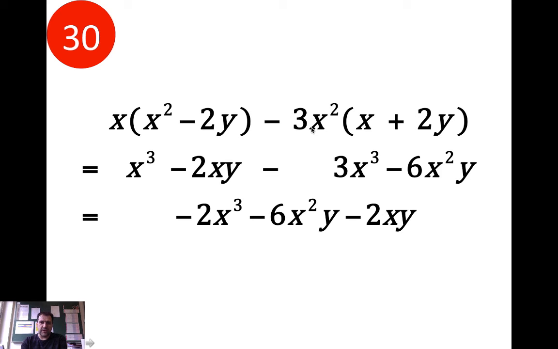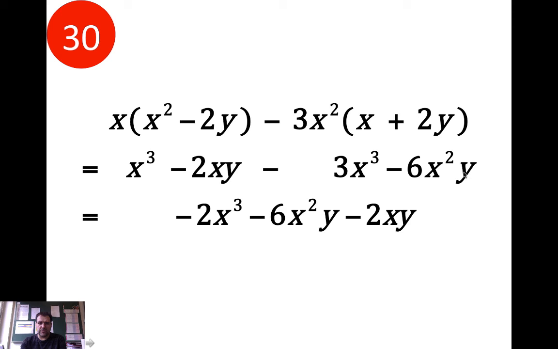And then the second one, so I've got to do minus 3x squared times everything in that bracket. So minus 3x squared times x gives me minus 3x cubed, and then minus 3x squared times 2y gives me minus 6x squared y, because the 2 times the minus 3 is giving me the minus 6.